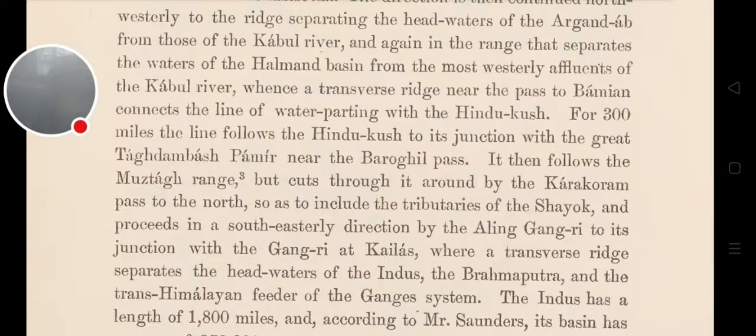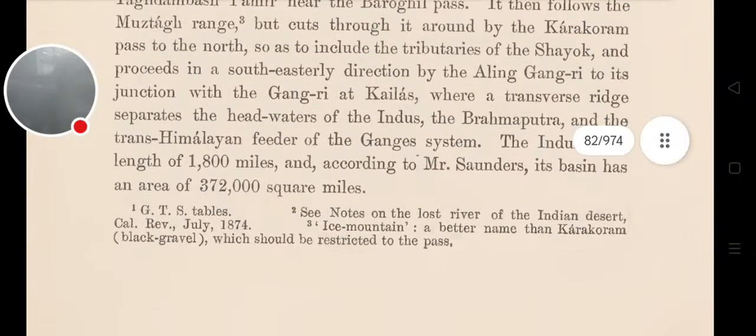It then follows the Mustag Range but cuts through it around by the Karakoram Pass to the north so as to include the tributaries of the Shyok and proceeds in a southeasterly direction by the Aling Gangri to its junction with the Gangri at Kailas, where a transverse ridge separates the headwaters of the Indus, the Brahmaputra, and the trans-Himalayan feeder of the Ganges system.